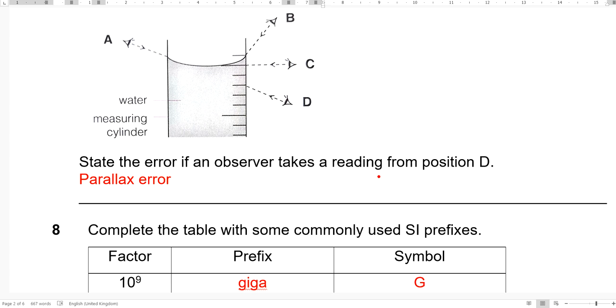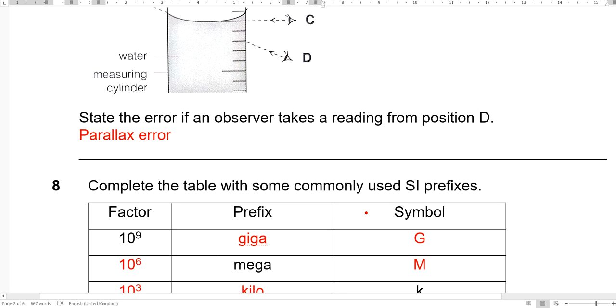Then how much is a mega? Let's see whether it is covered over here. Mega, 10 to the power of 6. So this over here is giga, and the next one we're going to talk about is mega.